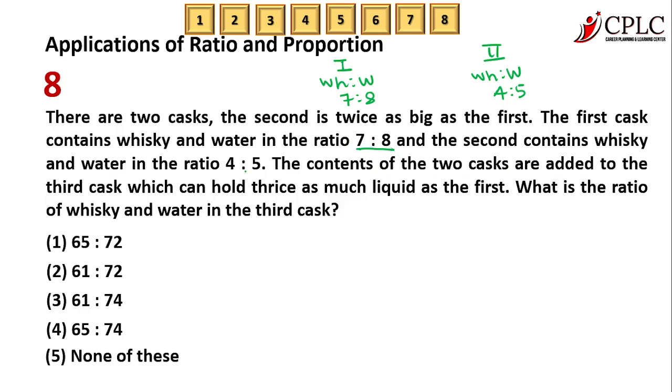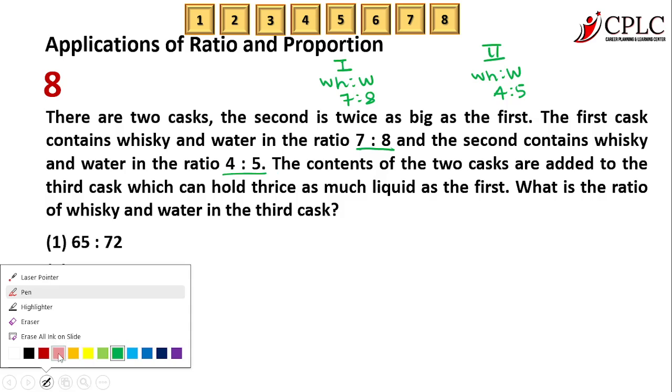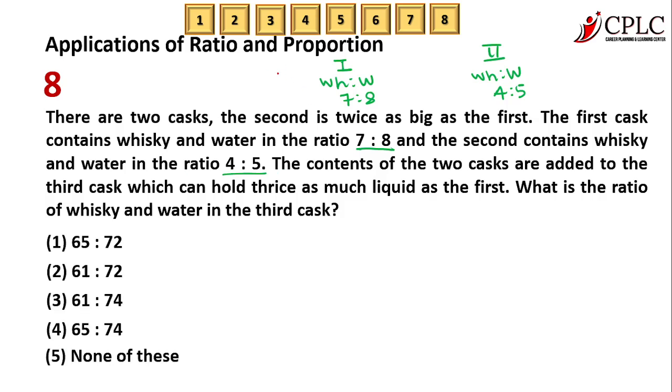So, 7 and 8 is 15 total, and then 4 and 5, the sum is 9. So, we have to take a number which is a multiple of 15 and 9 for that matter. So it clearly is 45. So let's assume that the first cask has a capacity of 45 liters.